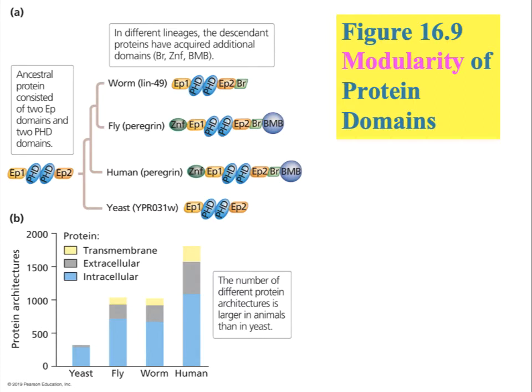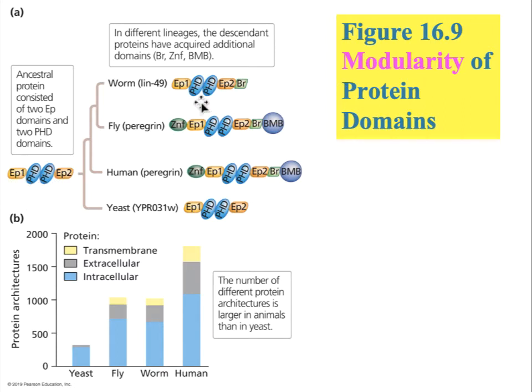Figure 16.9 associates modularity with protein domains. In panel A, EPC-like protein is used as an example. So evidence suggests that the ancient protein consisted of 2 EP domains and 2 PhD domains.